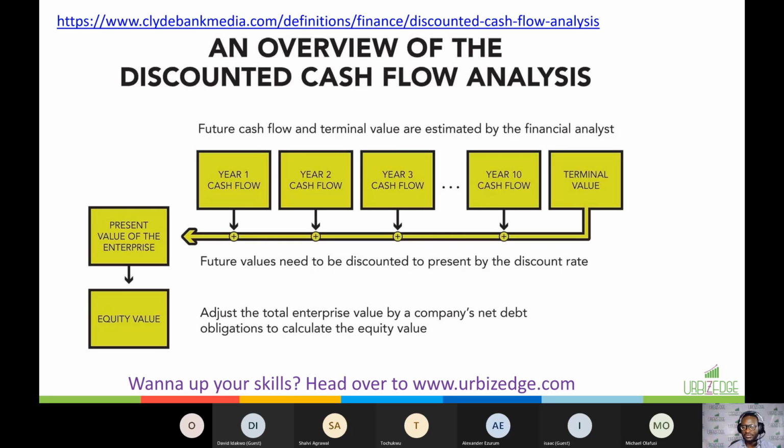If it's a business that does not have a fixed end, then there's a way to estimate what we call the terminal value. If it's a business that has a fixed end, that can be a lot easier.